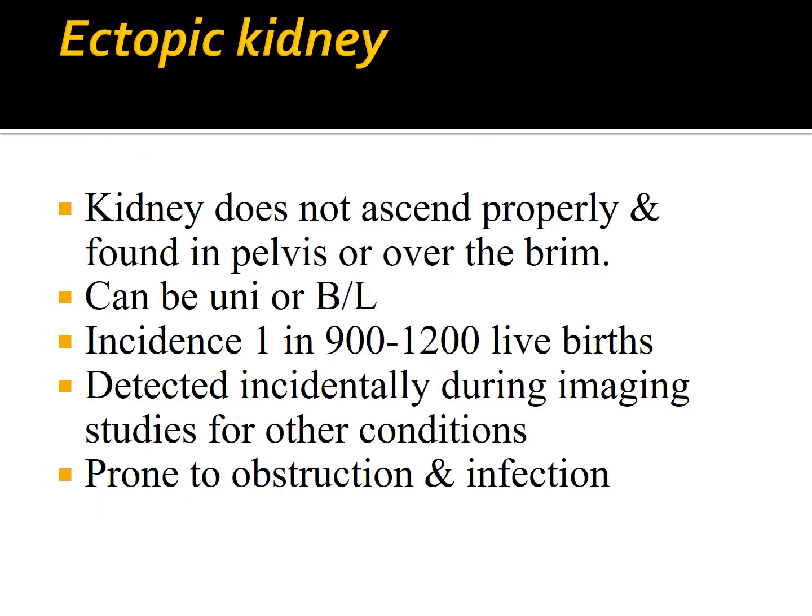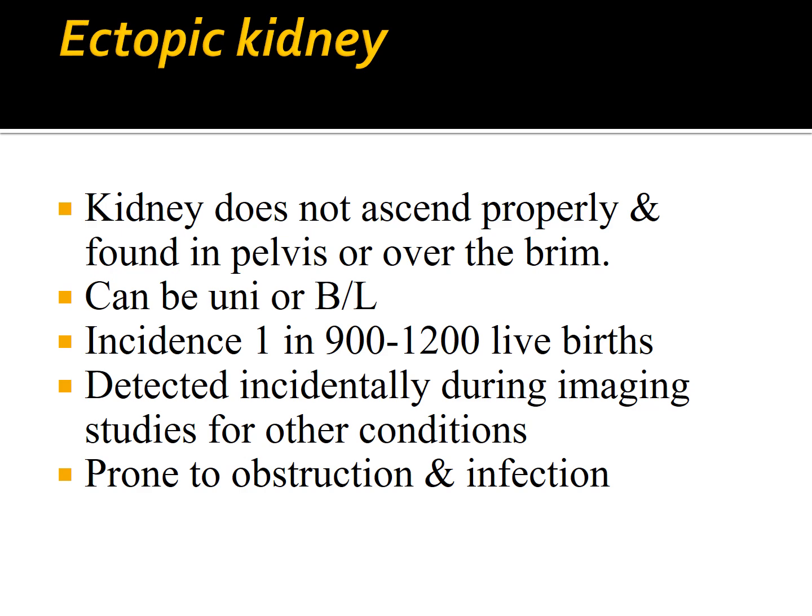Now come to ectopic kidney, a normal kidney which is placed in abnormal sites. So here the kidney does not ascend properly. For this reason it is found in the pelvis instead of the lumbar area, in a lower area than the normal area, or over the brim. It can be unilateral, it can be bilateral. Incidence is 1 in 900 to 1200 live births.